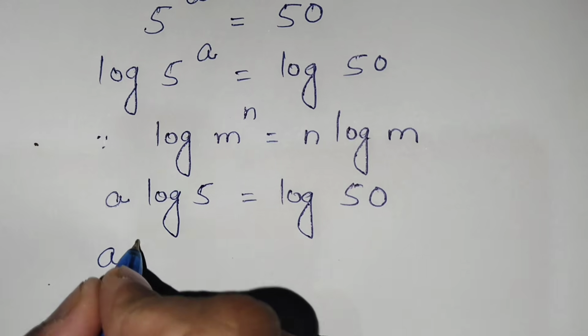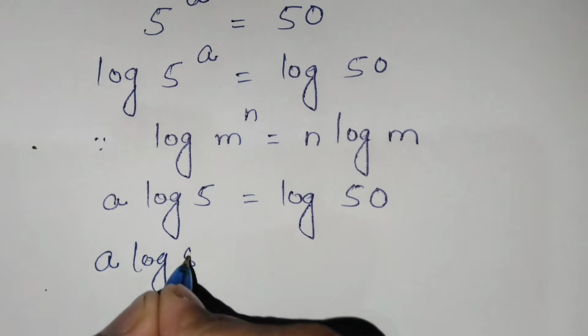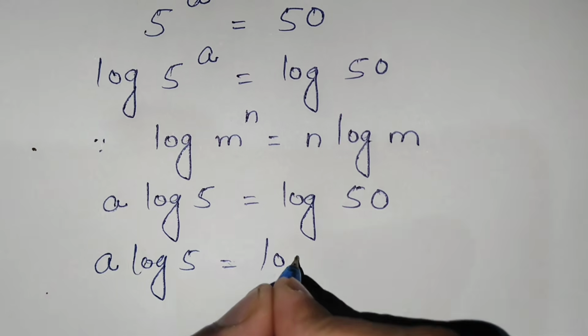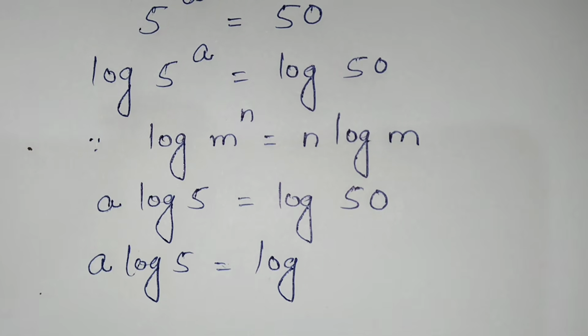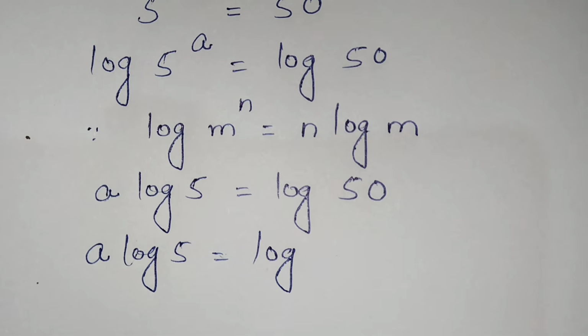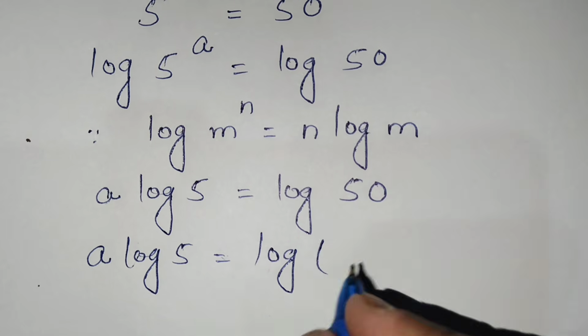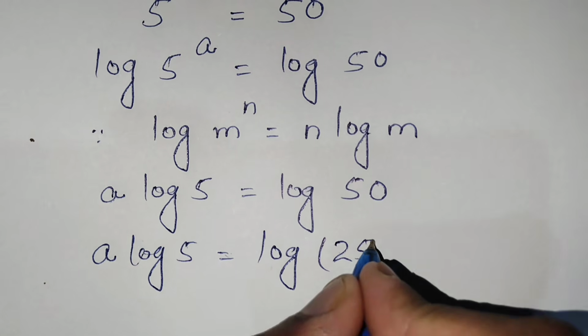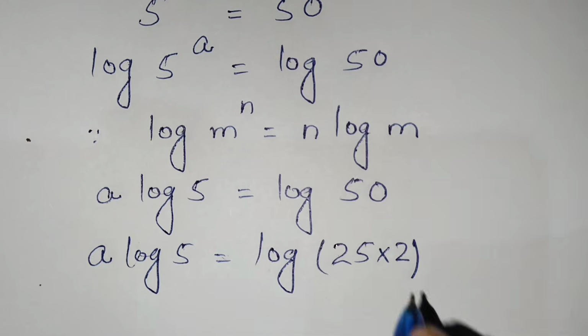Now a times log of 5 equals log of 50. 50 can be written as 25 times 2.